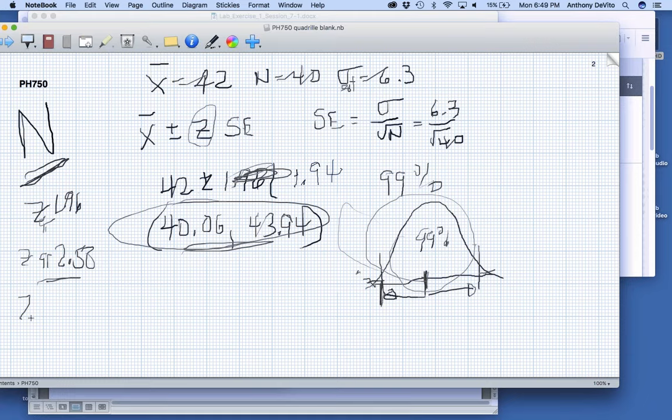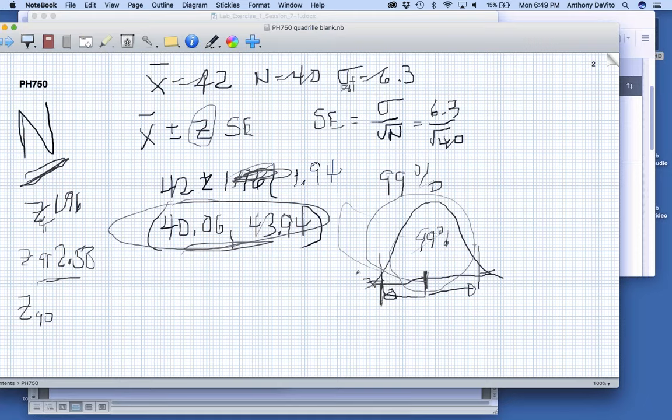Well, how about if I'm satisfied with 90% certainty? Would it be narrower or wider than this range we have now? Narrower, because we can afford a narrower range since we're willing to accept a larger chance of being outside of that.